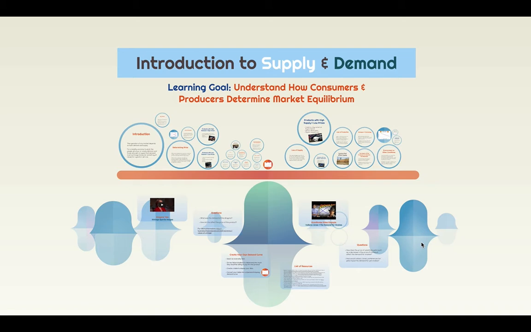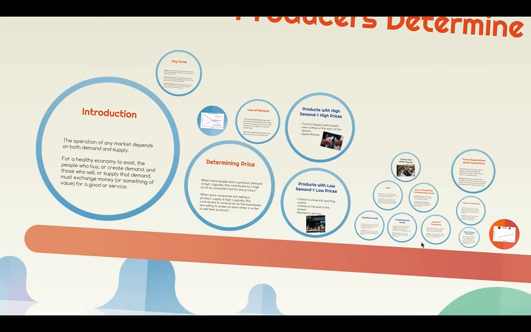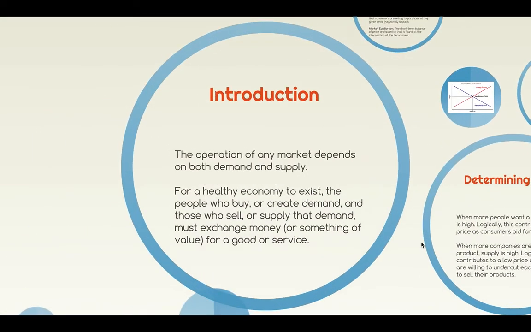So we want to understand how consumers and producers come together on a price and a quantity for each good or service that's sold. When we say a market, that's the market in general of everything that's available for sale.